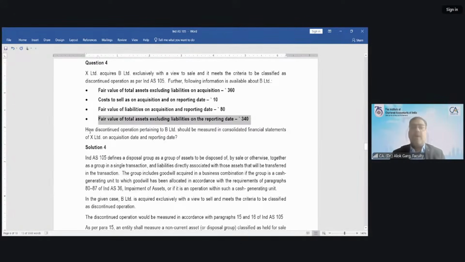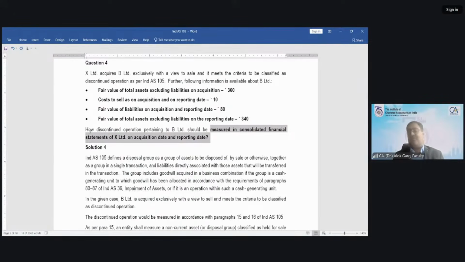So how should discontinued operations pertaining to B Limited be measured in the consolidated financial statements of X Limited on the acquisition date and on the reporting date? The ask of the question is how this transaction has to be measured.